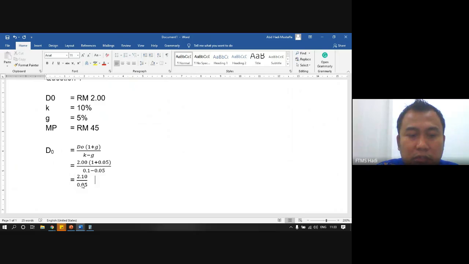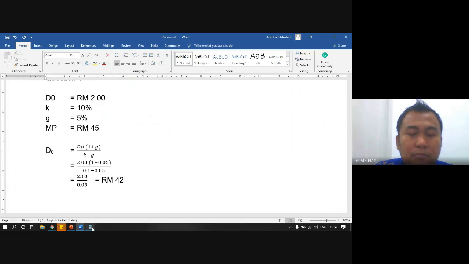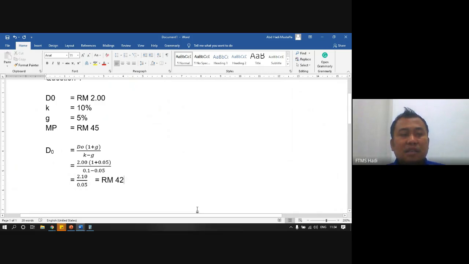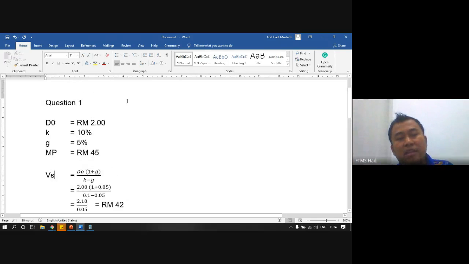Okay, so the answer will be RM2.1 divided by 0.05, which is 42 ringgit. So that is the answer for, it's not D0, sorry, V_S. V_S is equal to D0 multiplied by (1 plus G) divided by (K minus G). If you put the numbers in, you can get the answer.